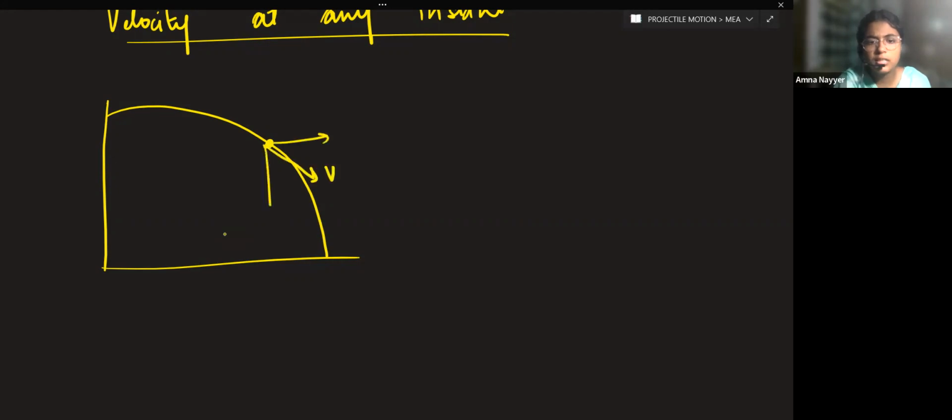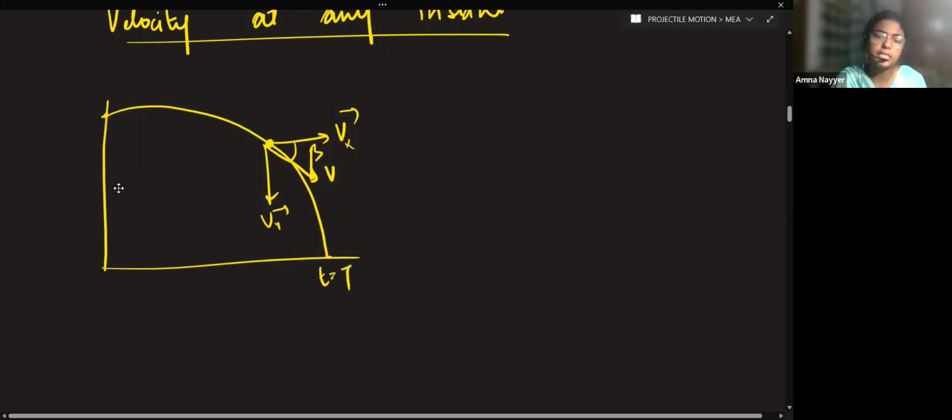So there will be some angle, let's say beta. Beta we had taken in the last class, let's take it beta here also. So this becomes v cos beta, or I'll write it as x only, the component of velocity along x-axis. So vx, and this is vy. Now, this is the final point, and the whole time period that will be covered will be capital T.